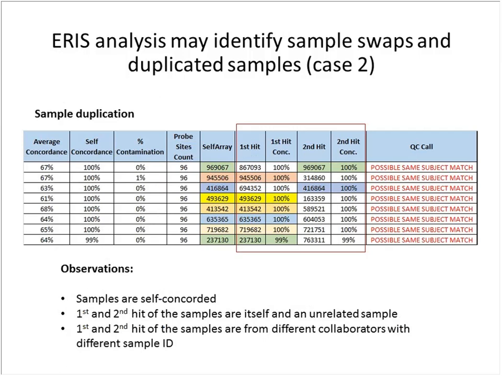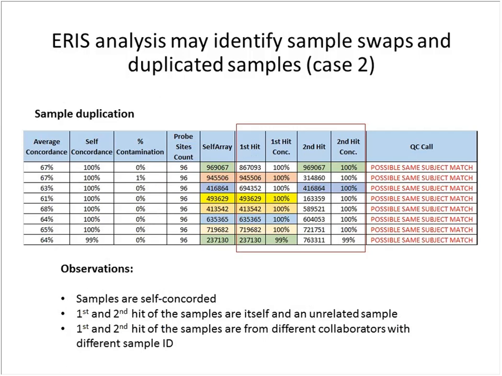And we knew that the first hit and second hit samples were from different collaborators with different sample IDs. Usually we see this kind of case for family members or closely related members, but this was not the case for these samples.